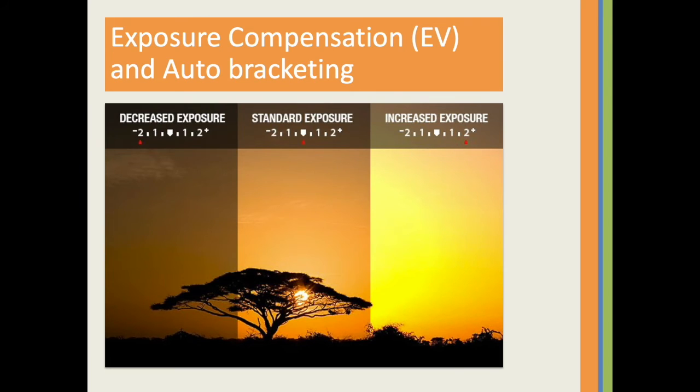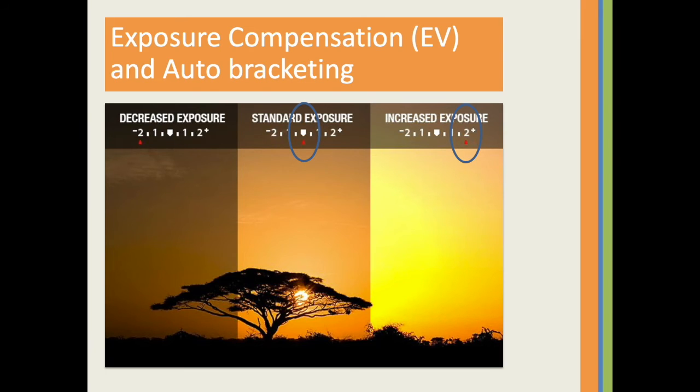But let's say that here I have this beautiful tree with a sunset behind, and the middle image is my standard, properly exposed tree. But let's say that I want to see more detail in the tree and I want to overexpose my image a little bit. Well, I will turn the quick control dial on my camera and I can adjust the exposure by +1 or +2 to have an overexposed image. And I read that basically on the metering scale.